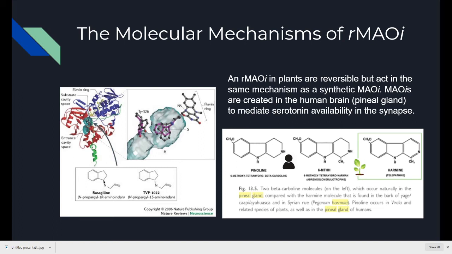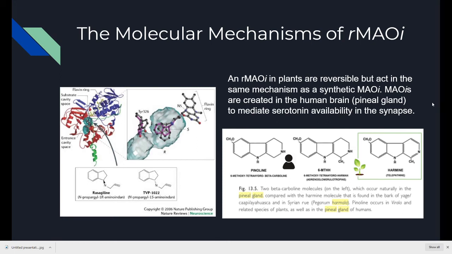It's long been thought that these compounds play a role in our dream states and actually exposing us to some DMT during our sleep states so that we can dream. And if you notice, 6-MTHH looks a lot like harmine. They are not identical, but they are so similar it's hard to tell the difference. And harmine, again, is from the B. caapi plant, the ayahuasca vine. And so it's really interesting.